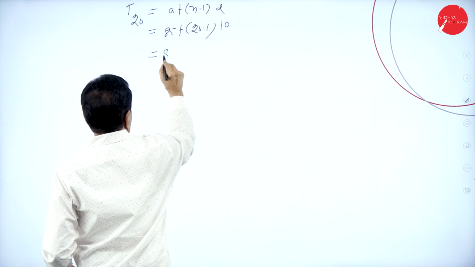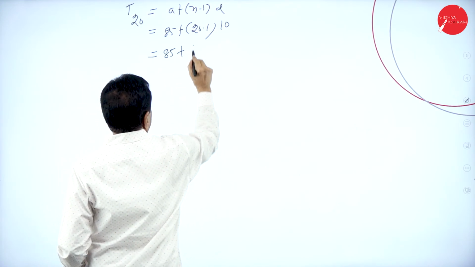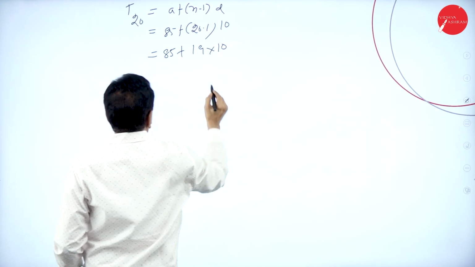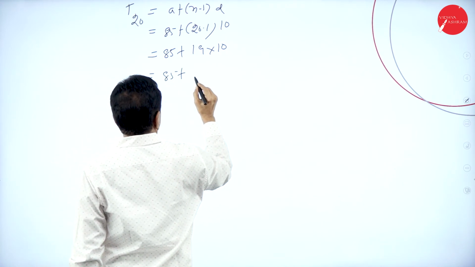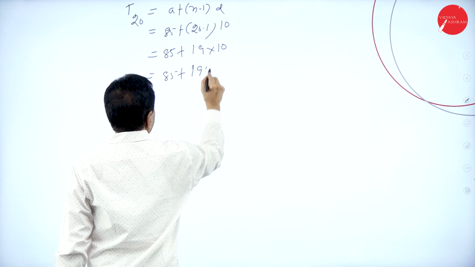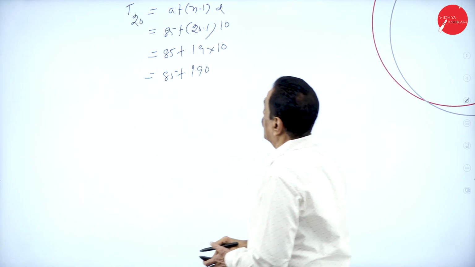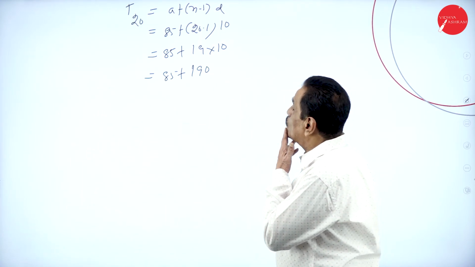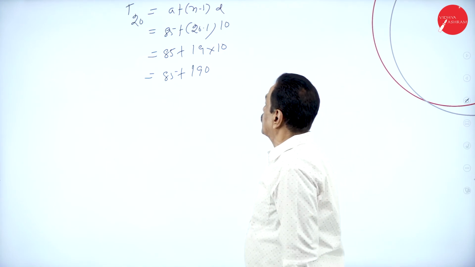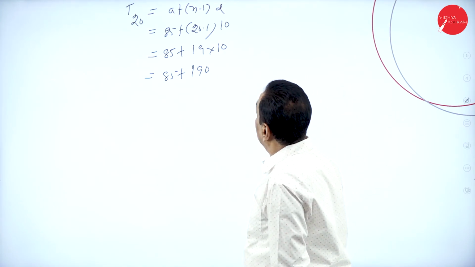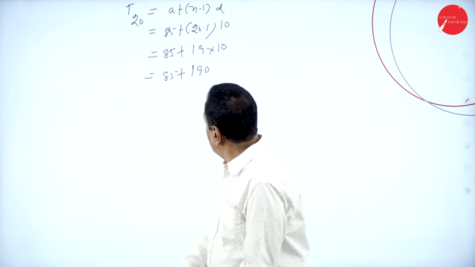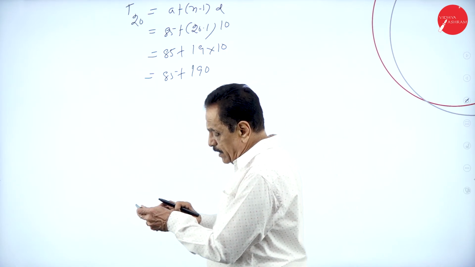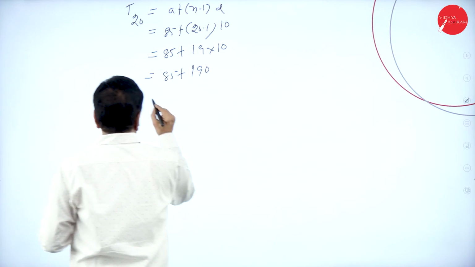This is 85 plus 19 into 10, which is 190. A is 85. The number of installments I took as 20. Last installment: 20 minus 1 is 19, into 10 is 190, plus 85. 85 plus 190 is equal to 275.